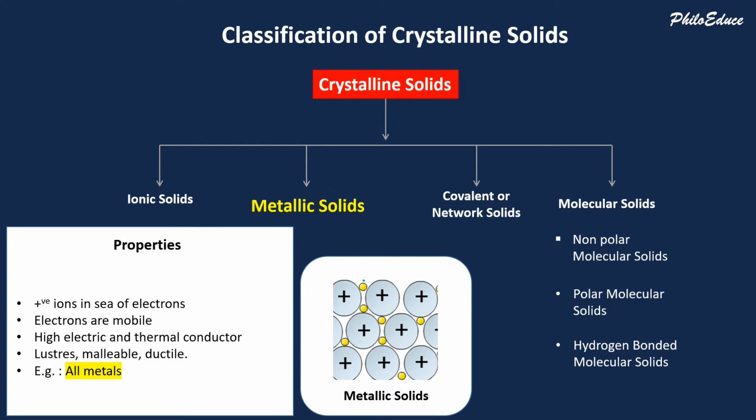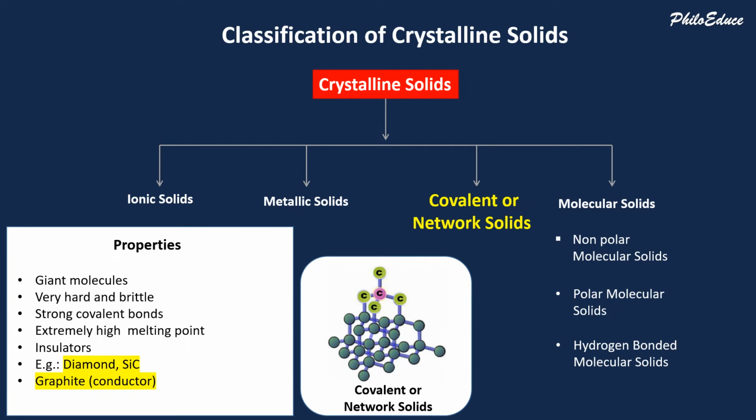Here it is clear that there are free and mobile electrons, so they can conduct electricity in the solid state itself. Normally metals are malleable, ductile, and lustrous. All the properties come from the structure itself.